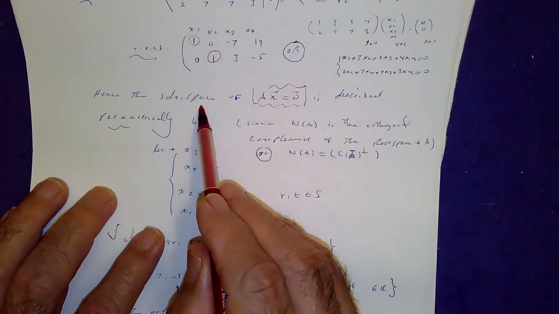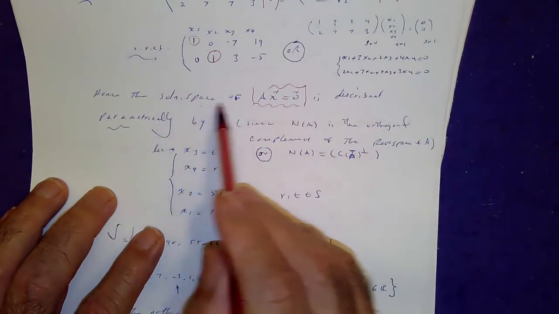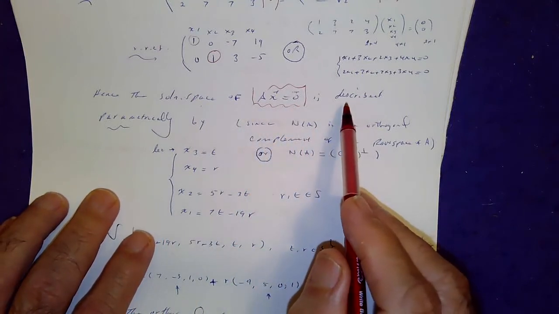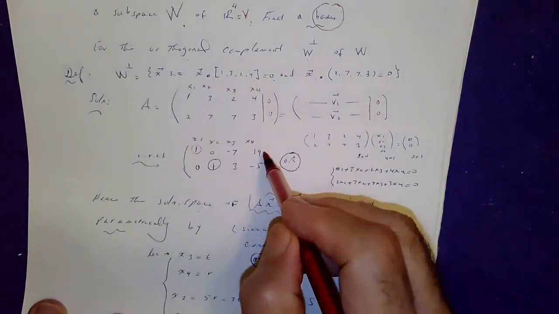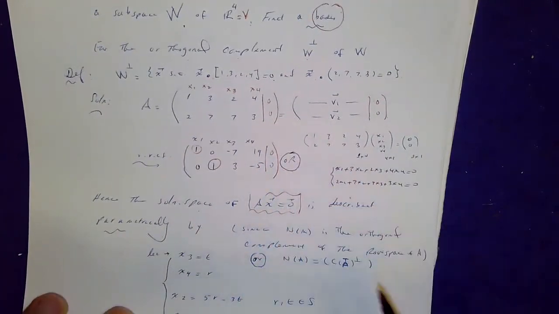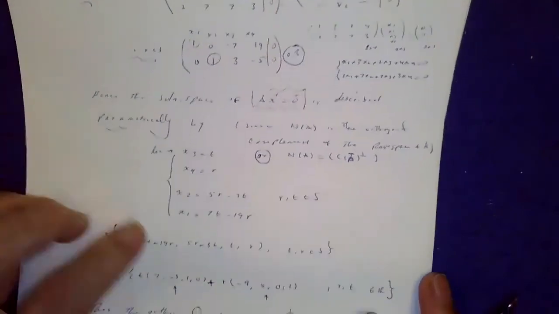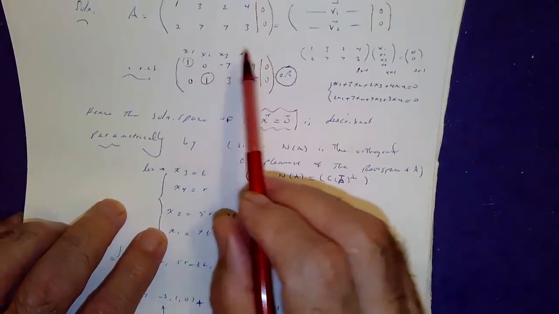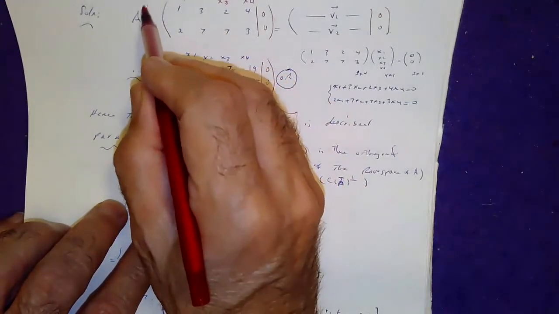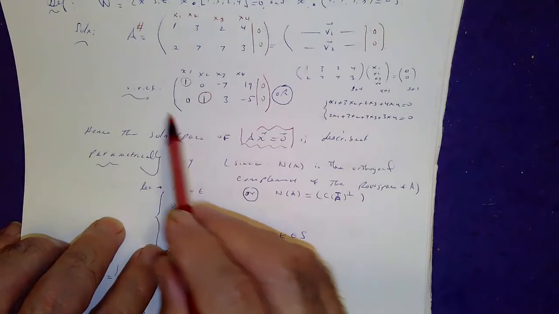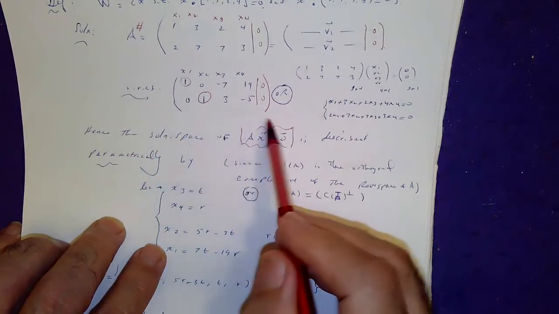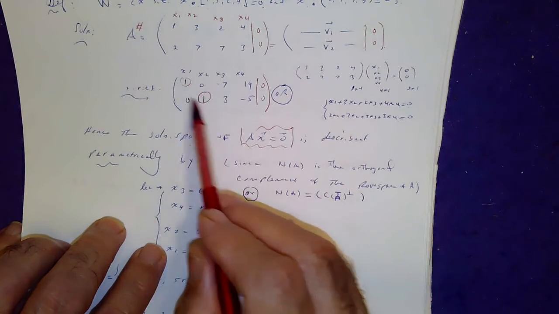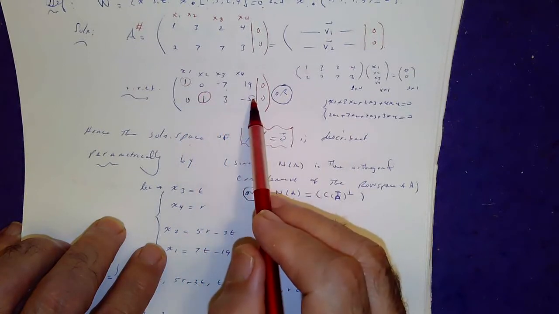Hence the solution space, not the solution, but the solution space of this homogeneous system of equations is, in this particular case, described parametrically by these equations. Notice when you put the augmented matrix in row echelon form or reduced row echelon form, you're going to get this. Keep in mind that the first and the second column have leading 1s, but the third and the fourth don't.